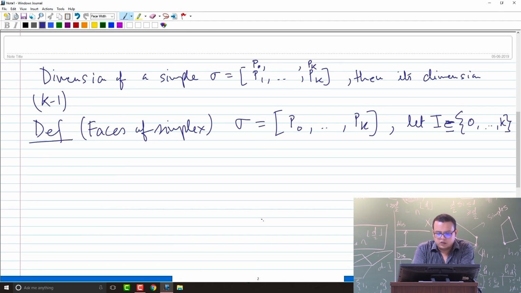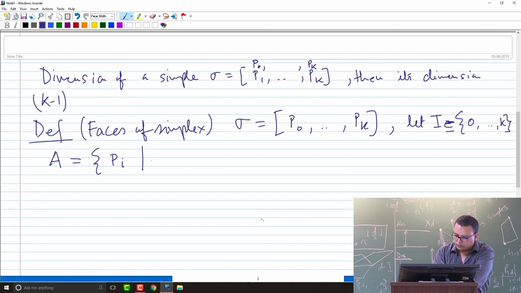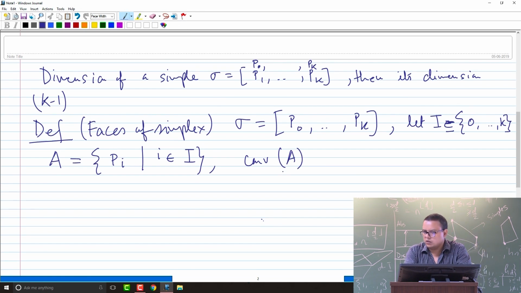Now look at the convex hull of the points whose indices are in the set capital I.